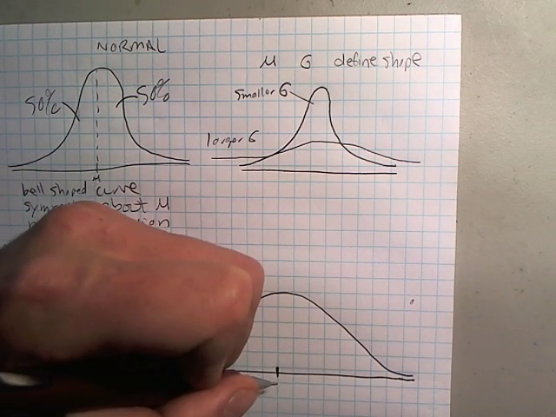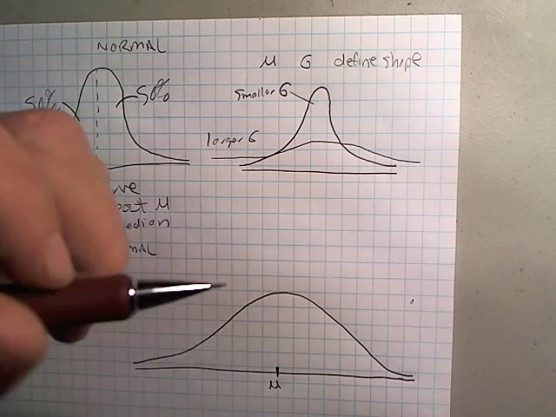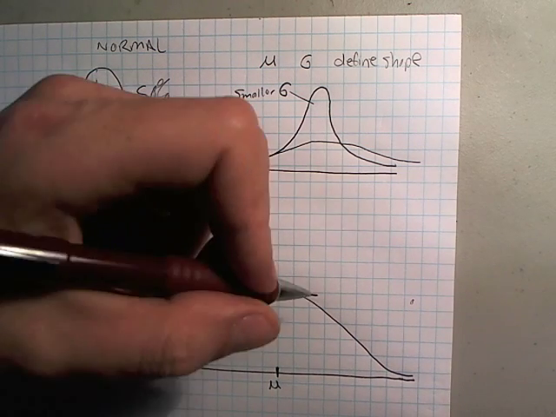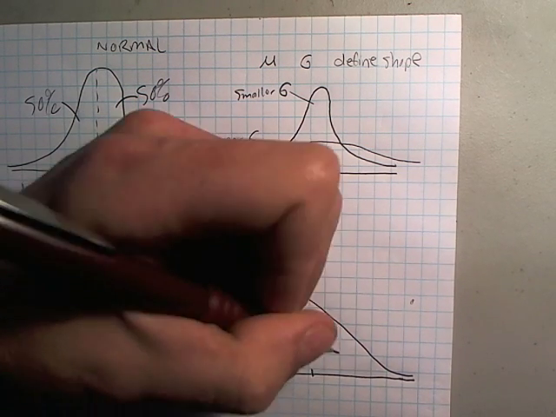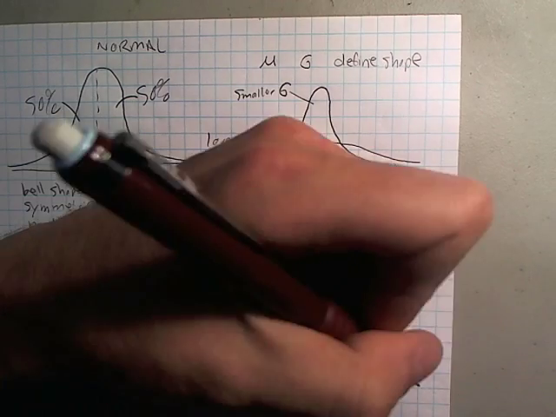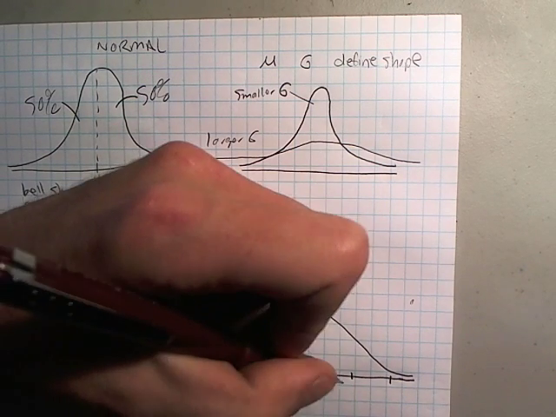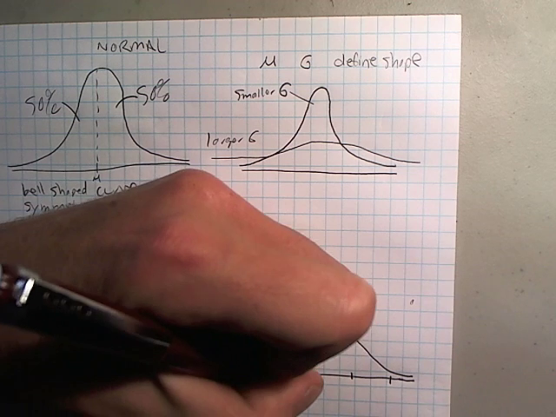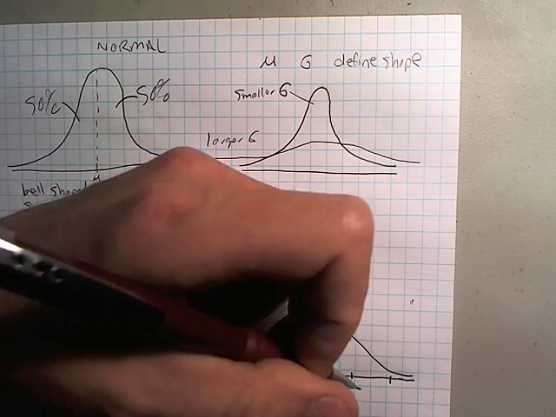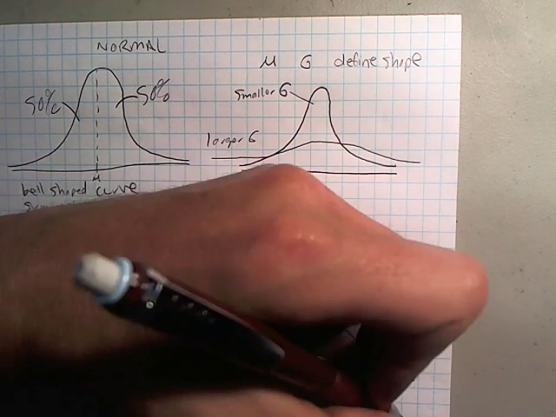I'm going to make one mark right there in the middle that will represent the mean of this distribution, and I'm just going to put 1, 2, 3 marks to the right, and we're going to let each one of those marks be one standard deviation higher than the previous one.